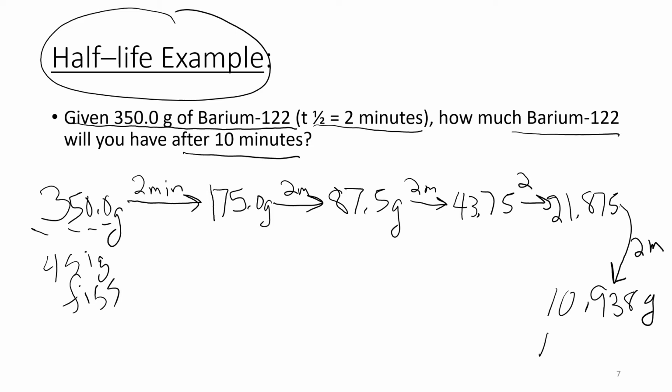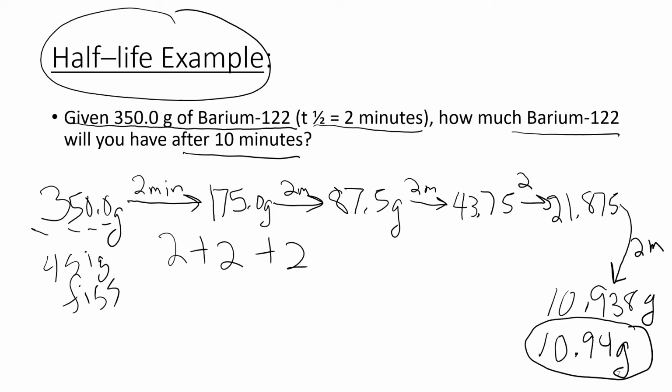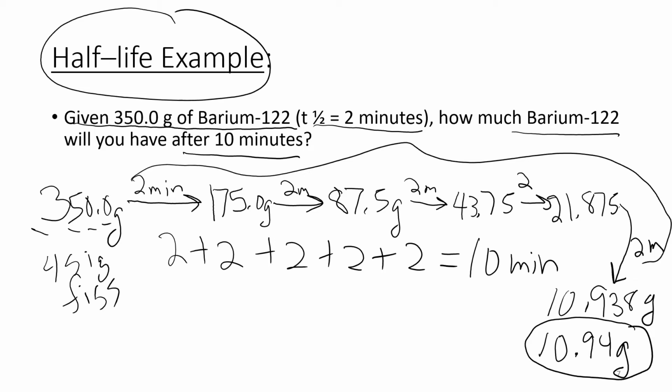So let's reduce 10.938 to 10.94 grams of barium-122. So again, we can add up: 2 plus 2 plus 2 plus 2 plus 2 gives me 10 minutes when I add all my 2 minutes together.